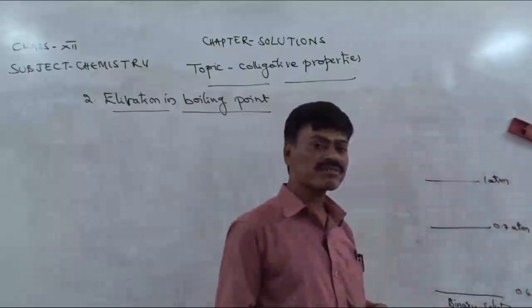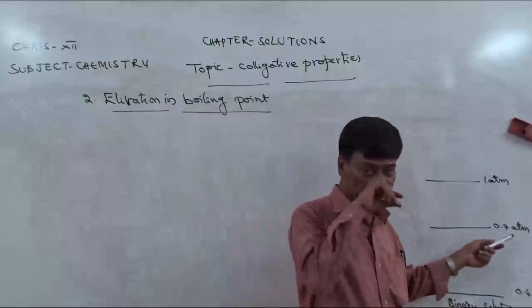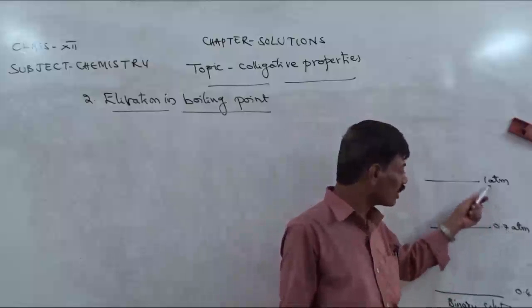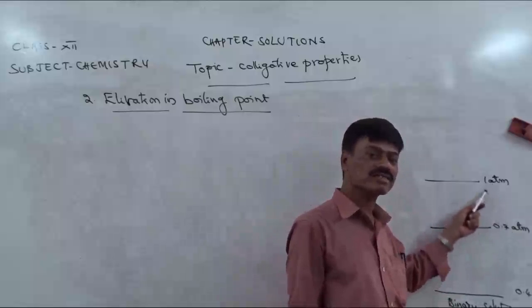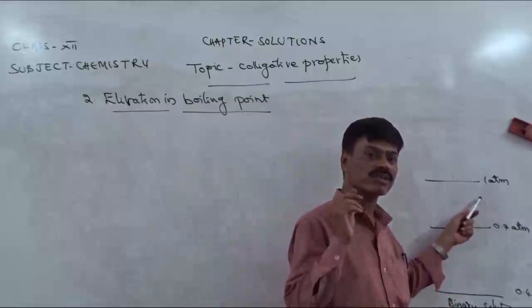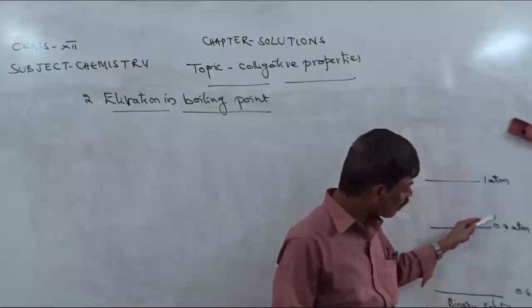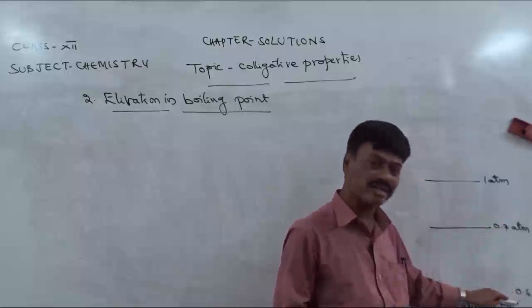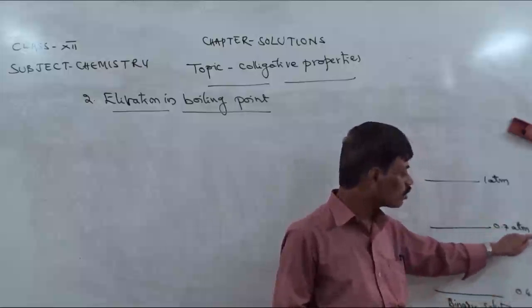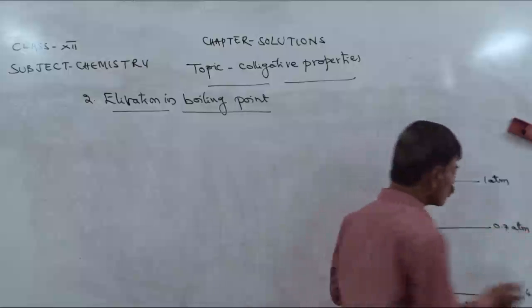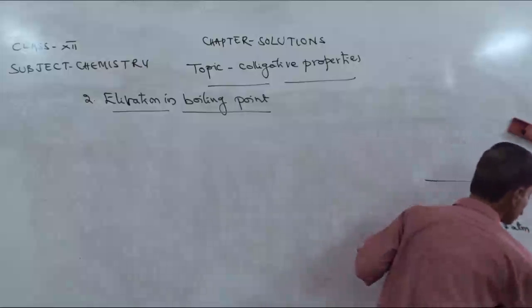When the vapor pressure of solvent was 0.7 atm, it is very easy for it to reach 1 atm after gaining a particular amount of heat energy. But when the vapor pressure of that solvent comes down to 0.4 atm when non-volatile solute is dissolved in it, the solute should be non-volatile.